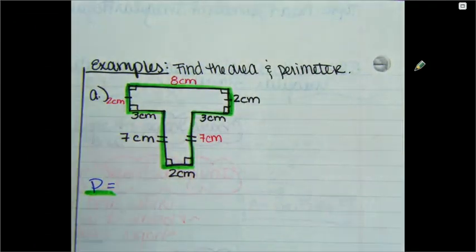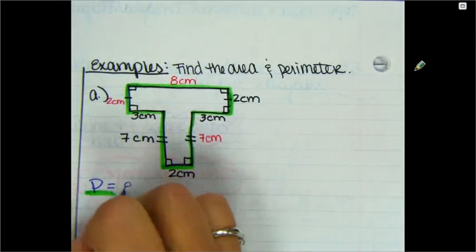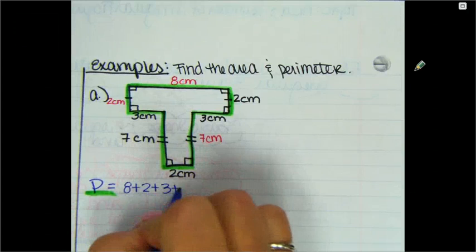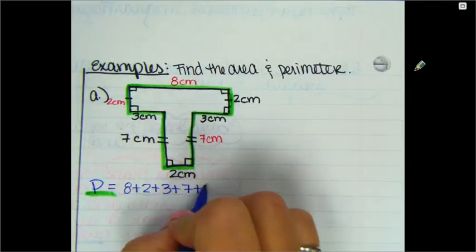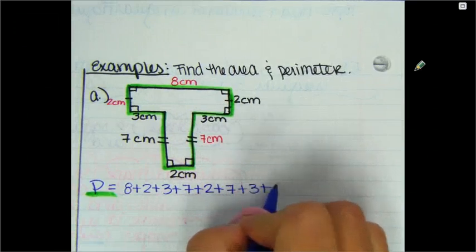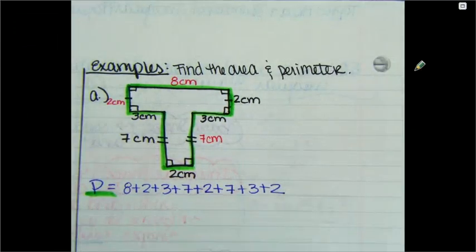All right. Now can we find perimeter? What am I adding for my perimeter? 8 plus 2 plus 7 plus 2 plus 7 plus 3 plus 2. All right, add.